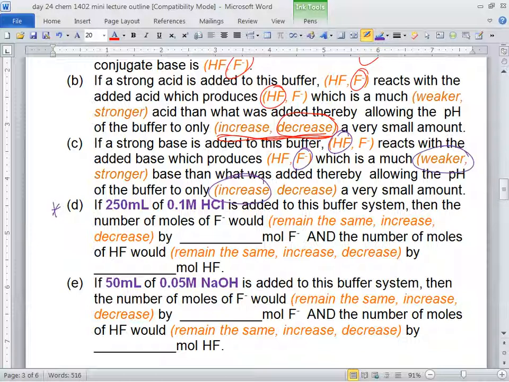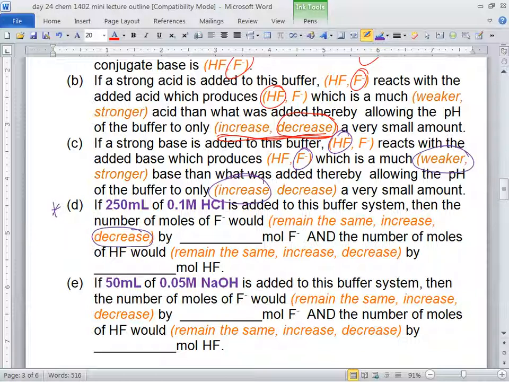Because the F minus has to react. You follow that? HCl is an acid. So it has to react with the base in the buffer. Otherwise, that's the whole purpose of the buffer. So if it reacts with the base, F minus, the moles of F minus has to decrease then.